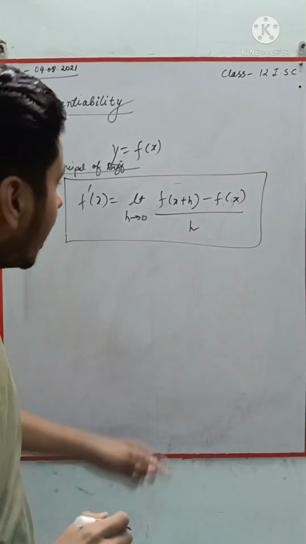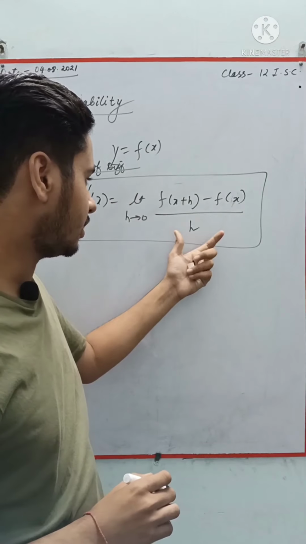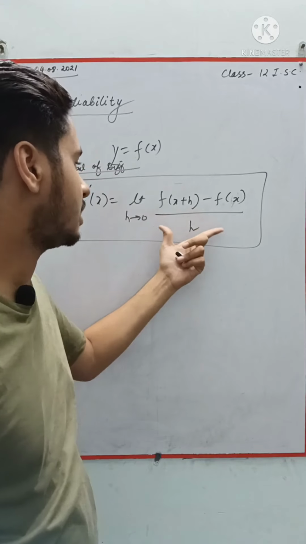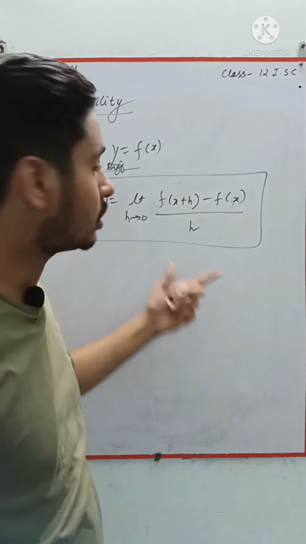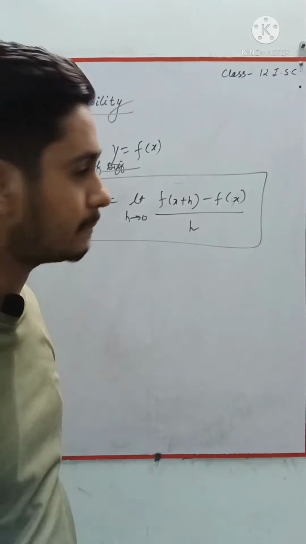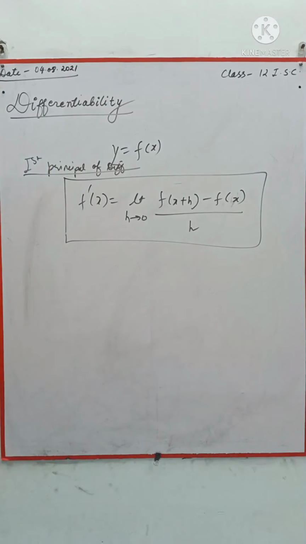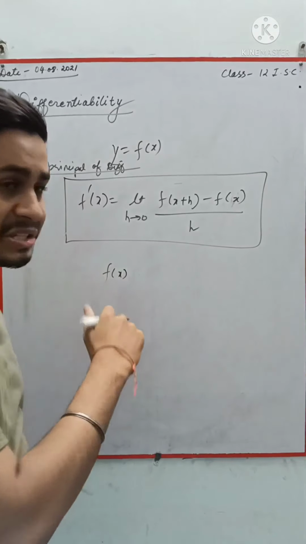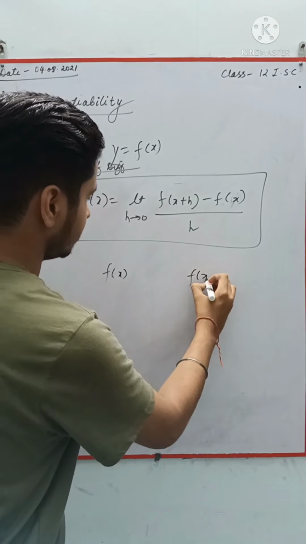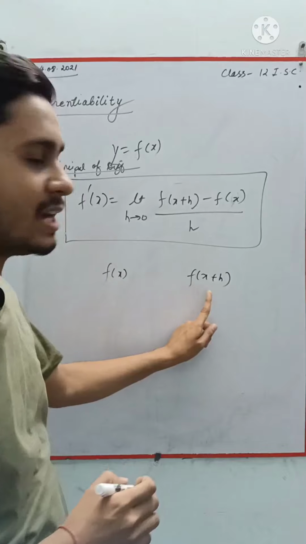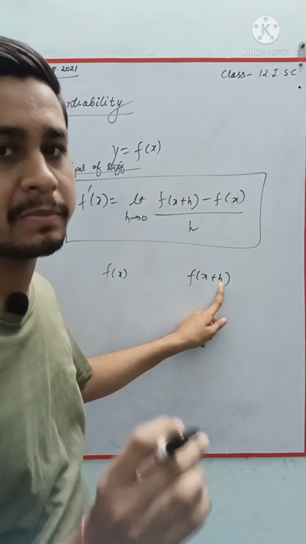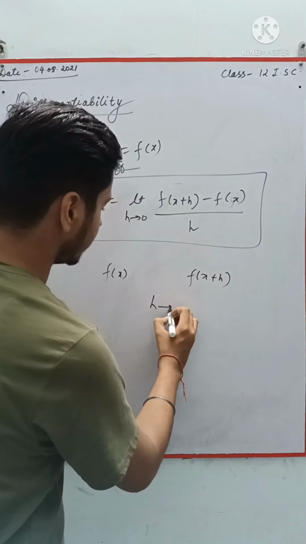I have explained to you the meaning of this definition, how this formula or principle has been generated. As I explained in 11th class, if you have a function and there is any change in the function, let's say that change is h, then it will be f(x plus h). We take this change as very negligible, tending to 0.